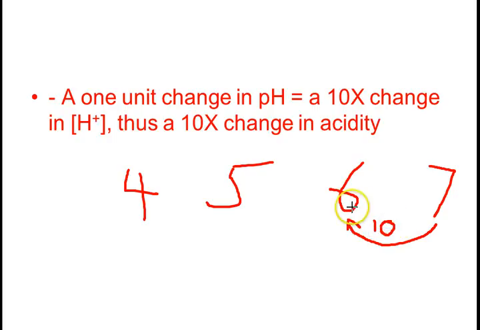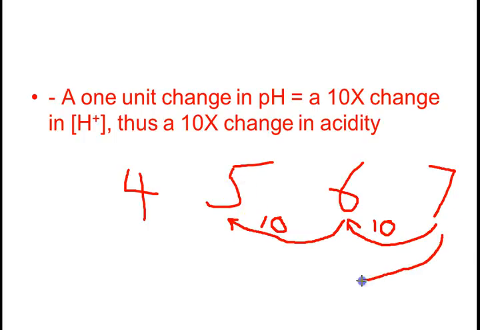The solution that is pH 6 is 10 times more acidic than pH 7. It has 10 times more hydrogen ions. We go from 6 to 5. Again, it's a factor of 10. The solution that is pH 5 is 10 times more acidic than the solution that's pH 6. 10 times more hydrogen ions.